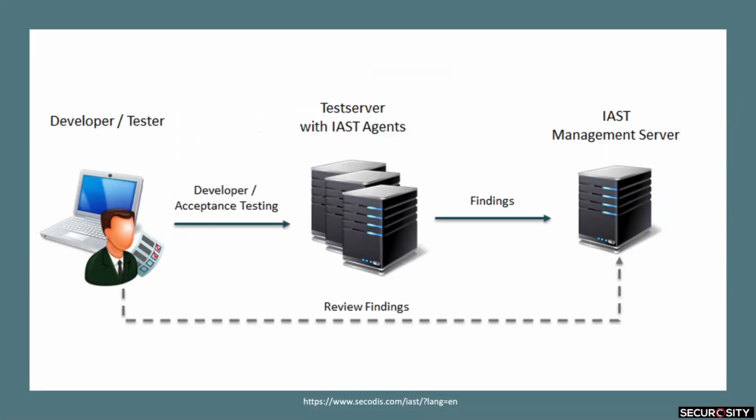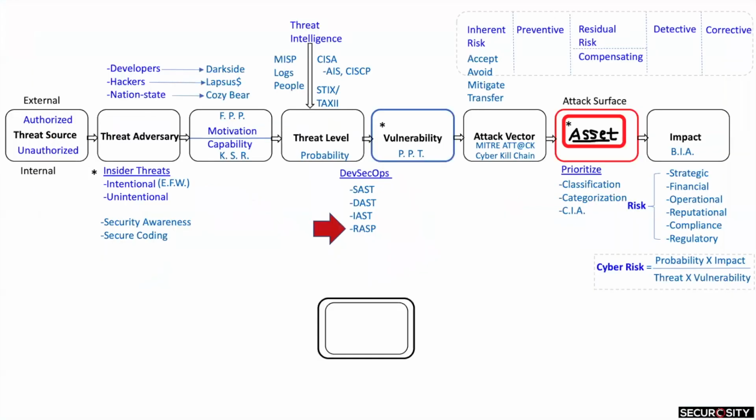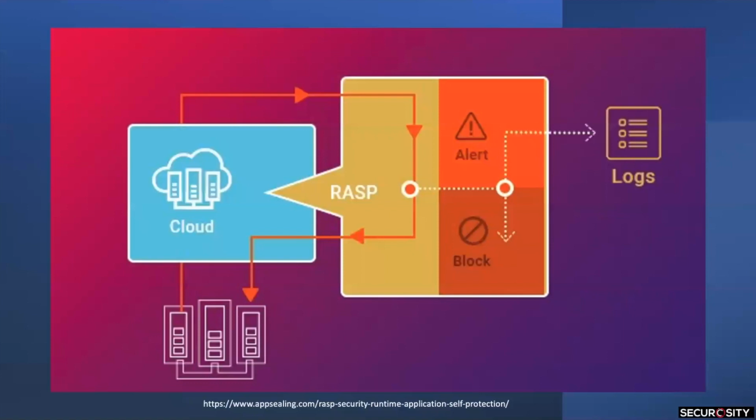The way that it works is that IAST places an agent within an application and performs all its analysis in the application in real time and anywhere in the development processes. It doesn't need additional scans, as it continuously monitors applications and detects vulnerabilities in real time in the background while functional testing occurs. Next up is RASP, Runtime Application Self-Protection.